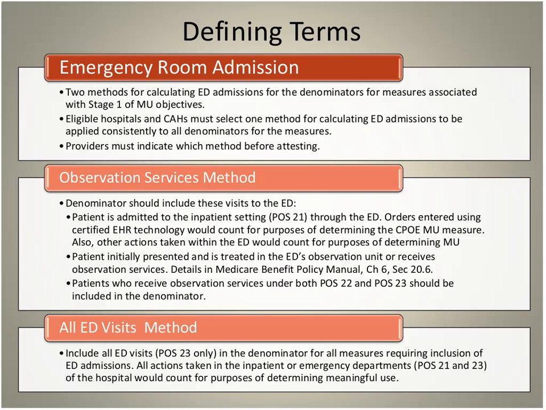And one of the key ones that came up early and CMS recognized they needed to clarify was which patients that are seen in the emergency room qualify to be included in the denominator and numerator. So there was an adjustment after the final rule. There's two methods that are now allowed: the observation services method, and what that includes are those patients who are seen in the emergency room and subsequently admitted to the hospital.